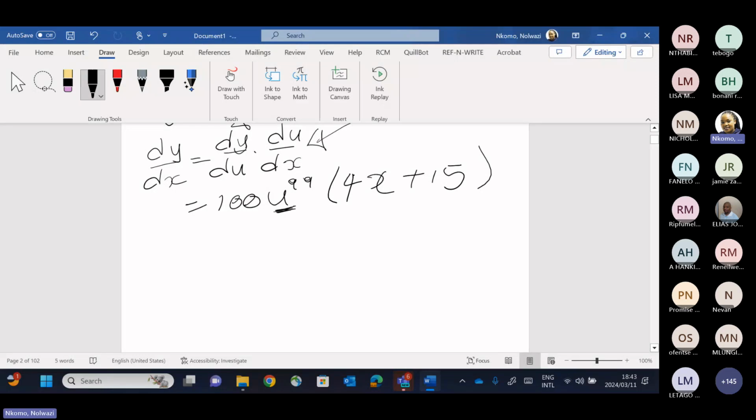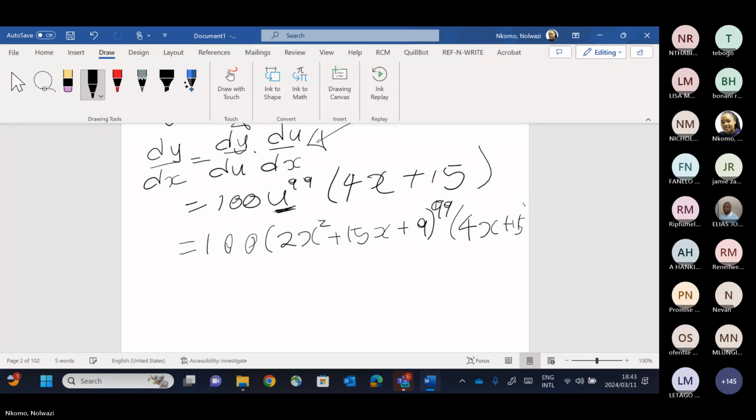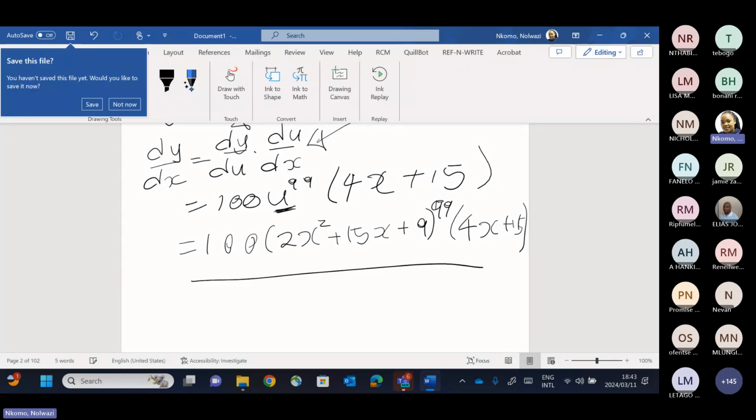This means our final answer would be 100 times (2x squared plus 15x plus 9) to the power 99 times (4x plus 15). And this is your final answer. You can simplify if you want, but it's fine to leave it like this.